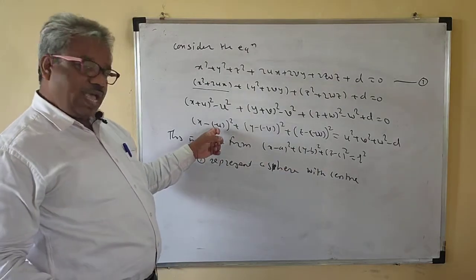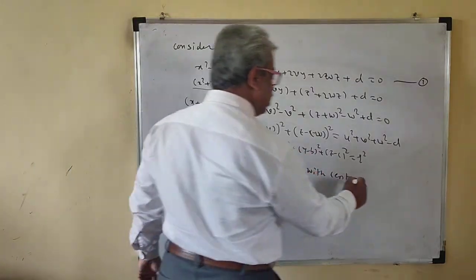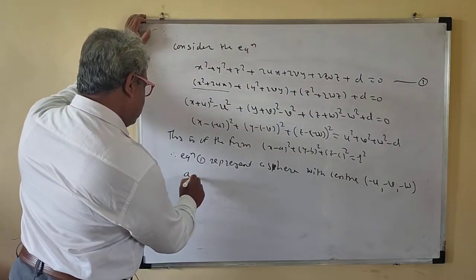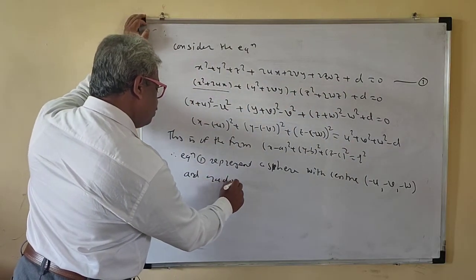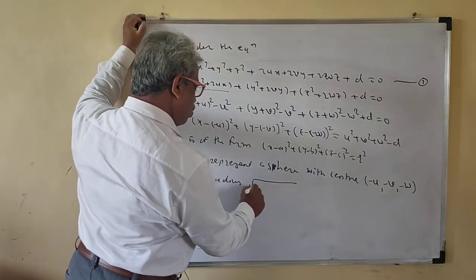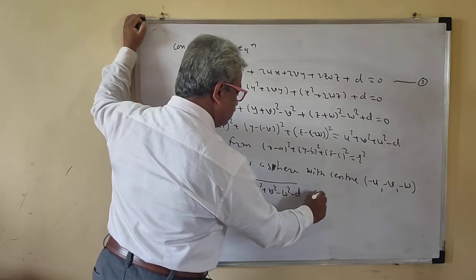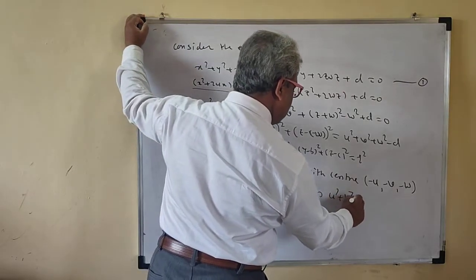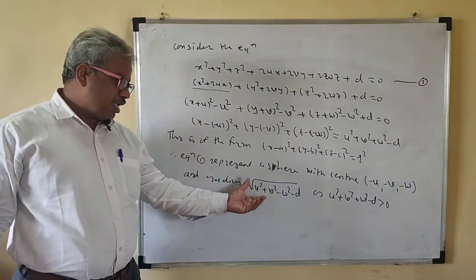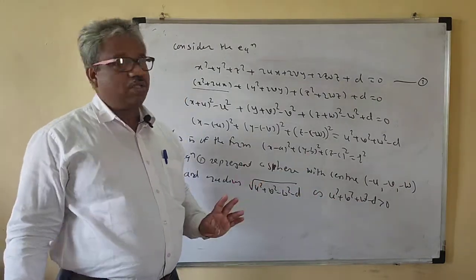What is a? a is minus u, b is minus v, and c is minus w. With center (minus u, minus v, minus w) and radius, r square is equal to this. So the radius is root of u square plus v square plus w square minus d, as u square plus v square plus w square minus d is greater than 0, because the root of a negative number does not exist. So it is provided to you that this is greater than 0. So this will be the radius and that will be the center.